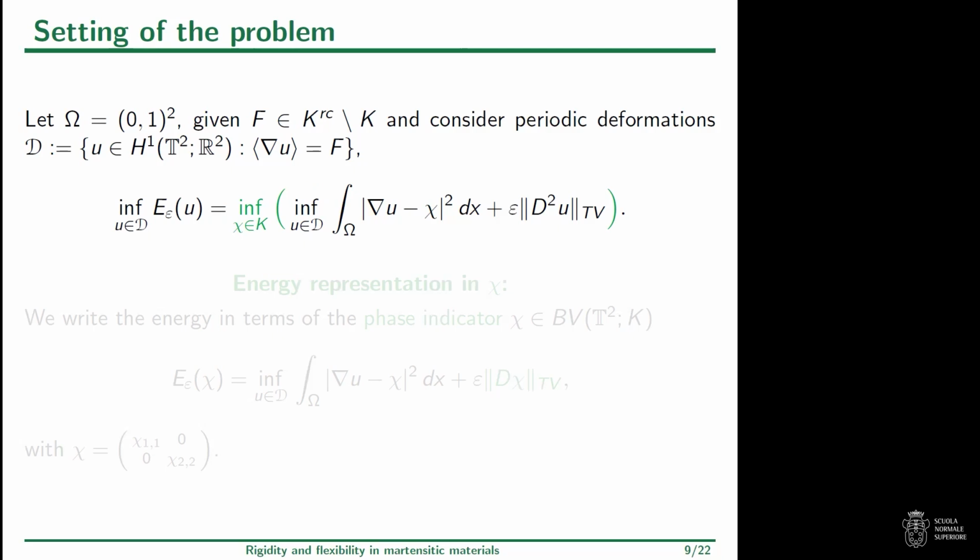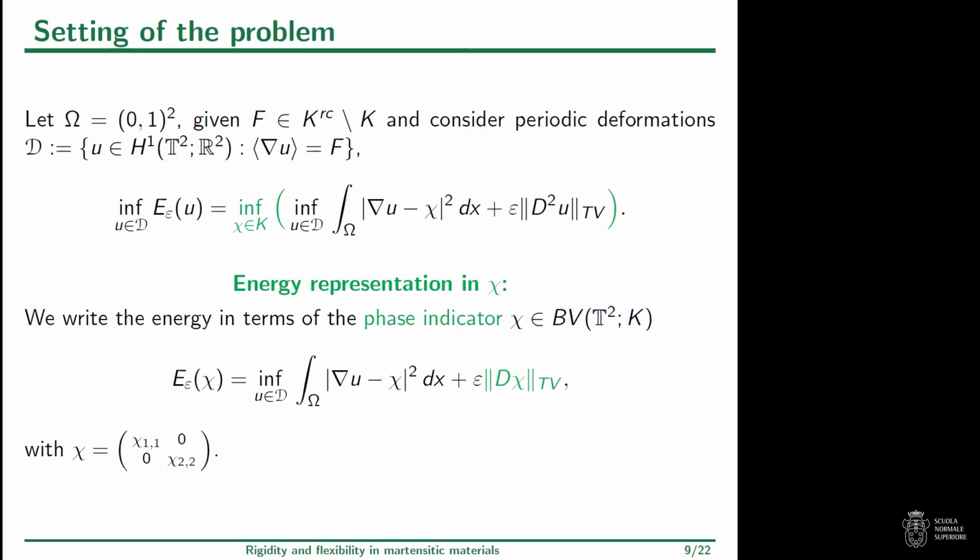So now I'm taking the inf over functions taking values in K of some functional that does not depend on U because we infimized. So we pass from a functional in U to a functional in chi. And this chi represents the phase indicator. It's just a BV, actually SBV function, a BV simple function, because K is the Tartar square, periodic.